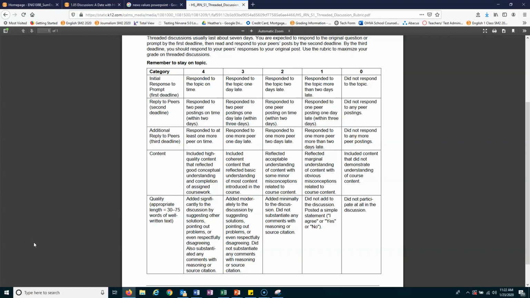I wanted to pull up the rubric really quick so you would know. One of the important things in all discussion posts is that to receive full credit, you must respond to two of your peers by the deadline. So make sure you are responding to at least two classmates in the discussion board.